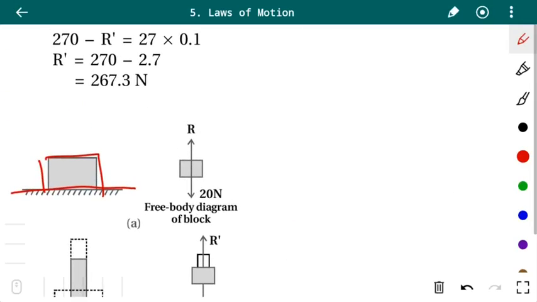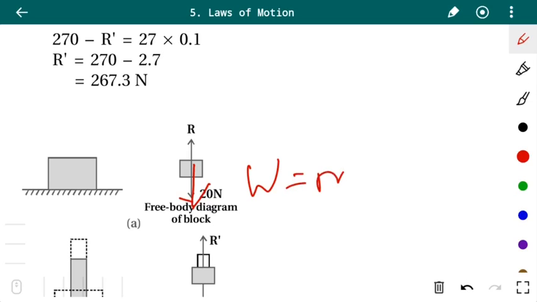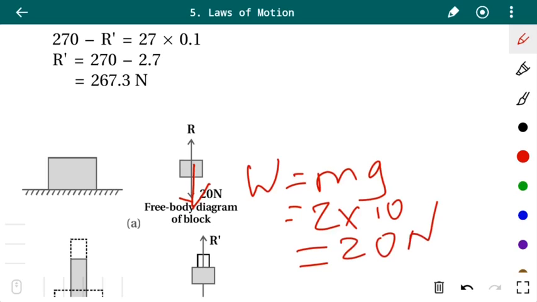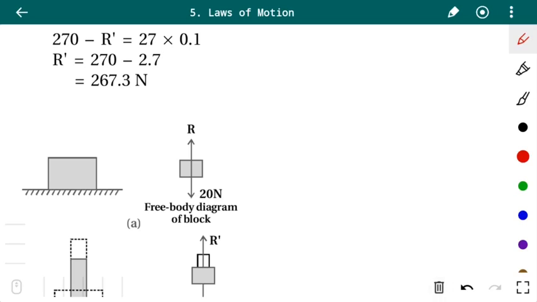Two types of forces will be acting on it. One is the weight in the downward direction, W equals mg. Mass of the block is 2, and g we take as 10, so we get 20 Newton. So in the downward direction the weight is 20 Newton, and in the upward direction there is the normal force or the reaction, which is normal to the surface.